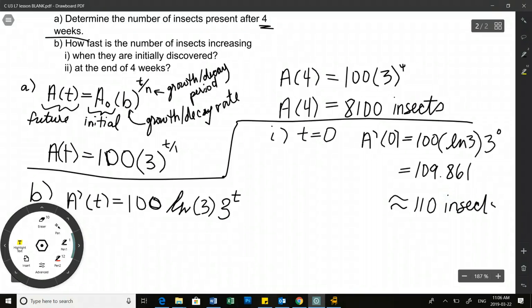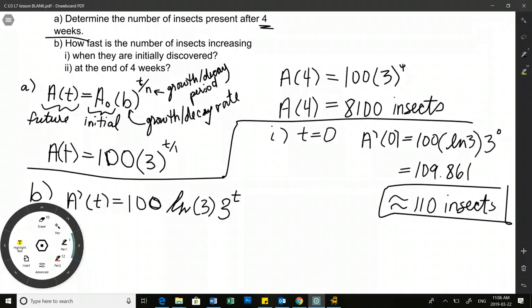No? Okay. Yep, Mark? Wouldn't you round down because you can't have a fraction of an insect? Yeah. That 0.00001 of an insect is very important. We're just getting an approximation. If you say 109 because you can't have 0.86 of an insect, I'm fine with that. Okay?